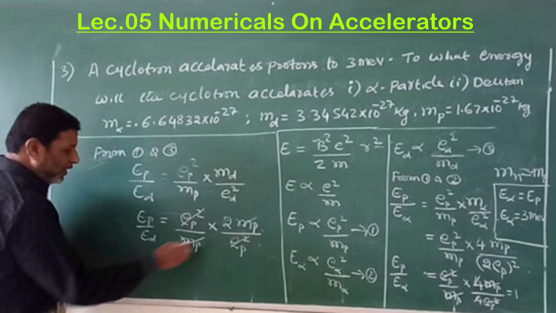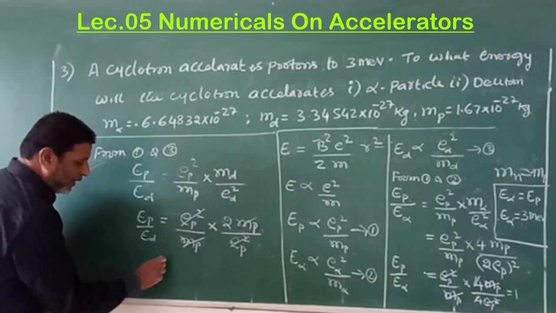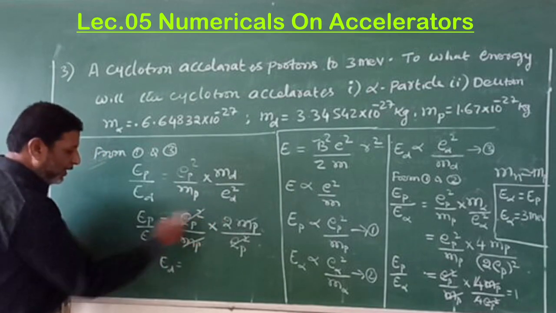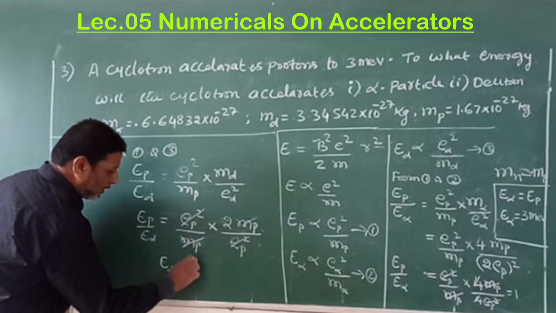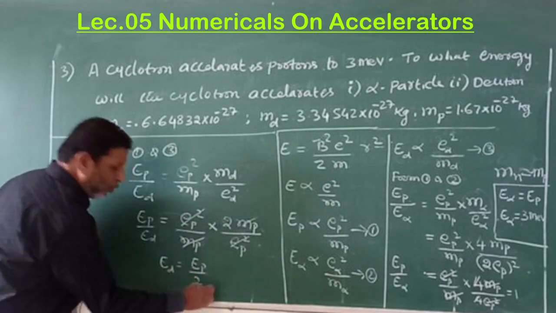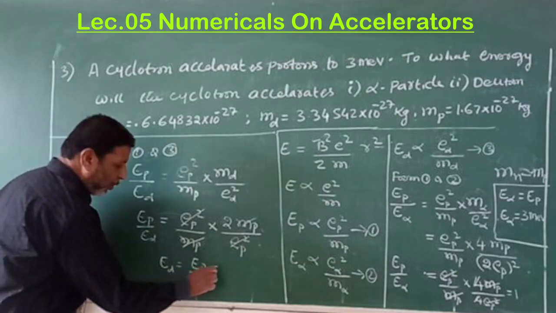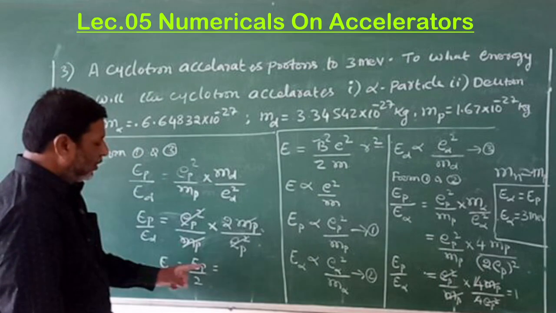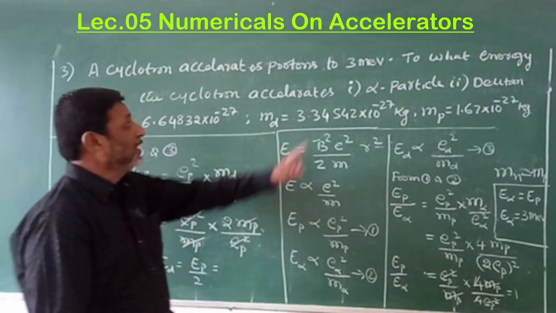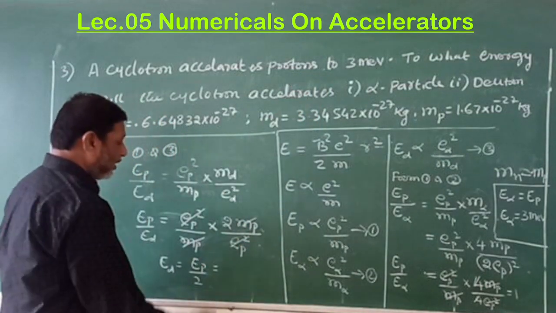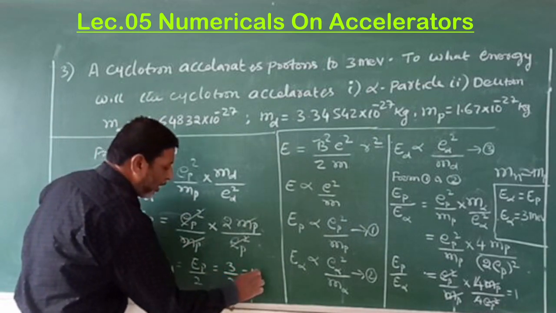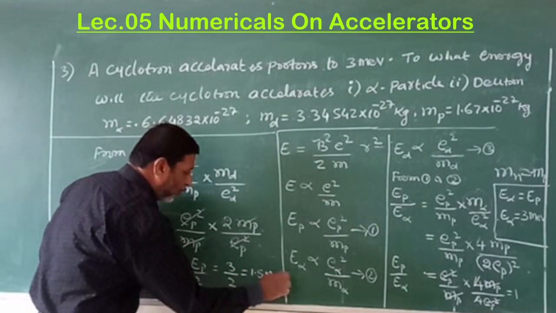By using this equation, ED, the energy of the deuteron, is equal to EP divided by 2. Here EP, the energy to which the proton is accelerated, is given as 3, so 3 divided by 2 is nothing but 1.5 million electron volts.